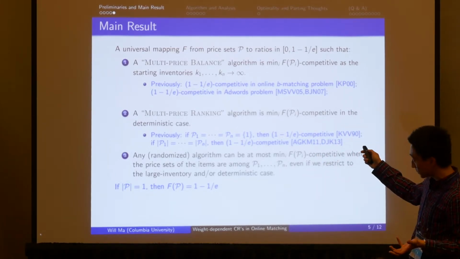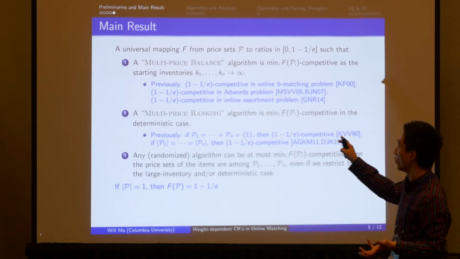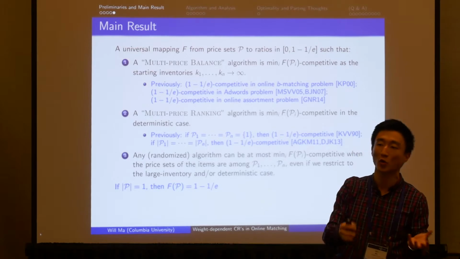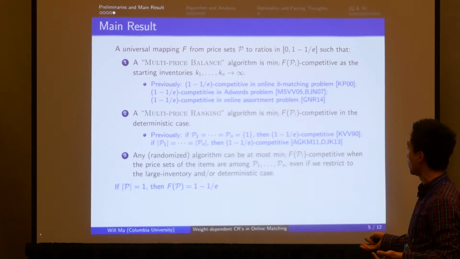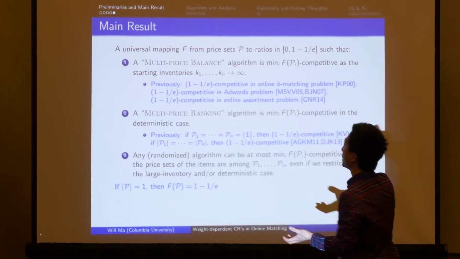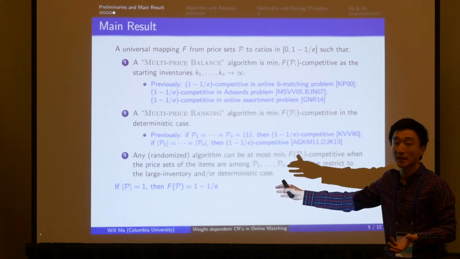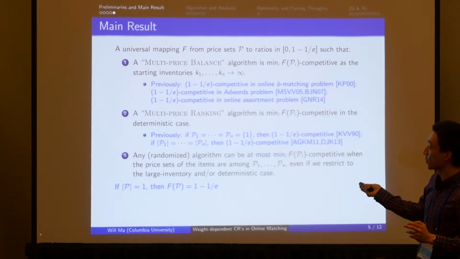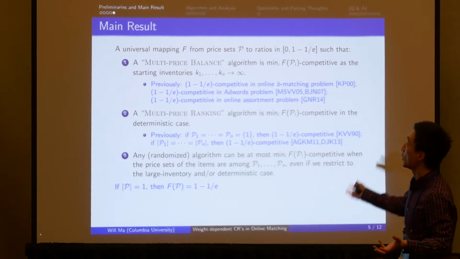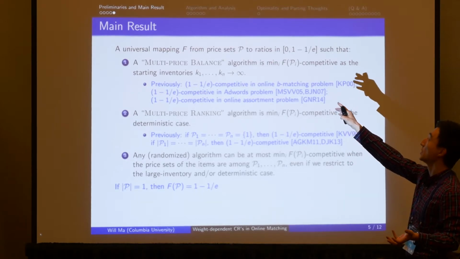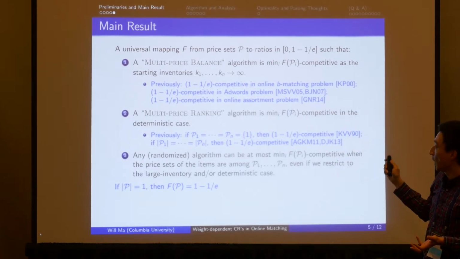And finally, 1 minus 1 over e was known for the online assortment problem. This was the thing I was talking about where you can show a customer multiple items. So basically, our result captures all of these existing results when the price sets are singletons. But furthermore, for any price sets, we'll tell you the best possible competitive ratio through this F function.